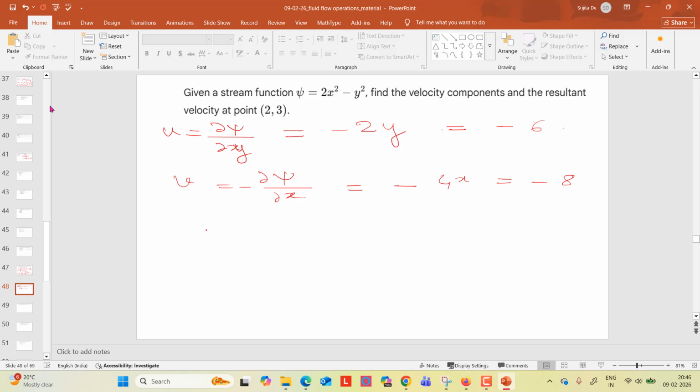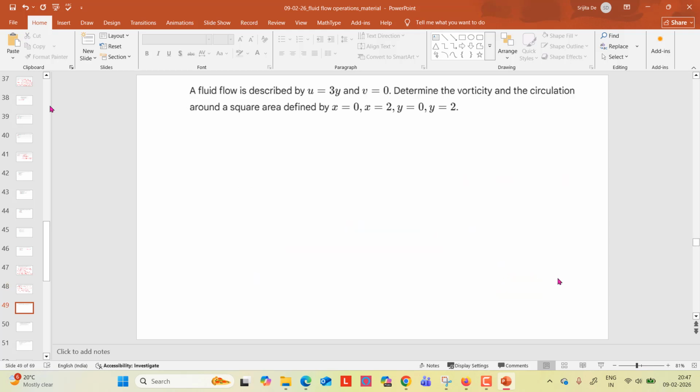So now these are the individual velocity components, and the resultant velocity means v equals root over minus 6 square plus minus 8 square, equals 10 units per second. This is your answer.